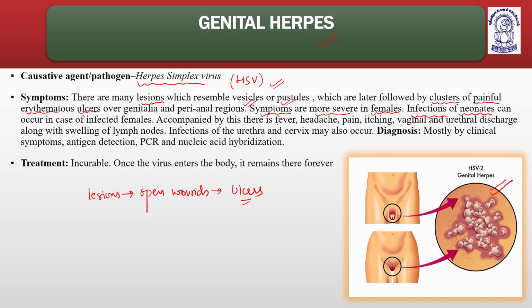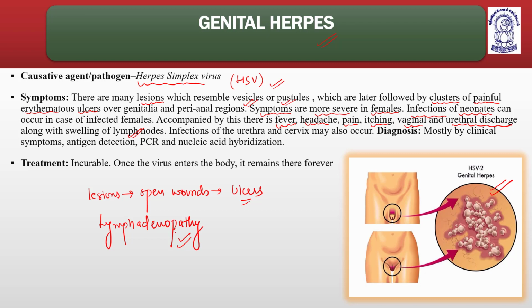Accompanied by this, there is fever, headache, pain, itching, vaginal and urethral discharge. These are some common symptoms, along with swelling of lymph nodes. The swelling of lymph nodes is known as what? Lymphadenopathy, right?